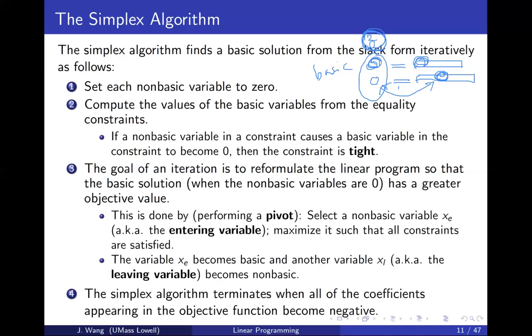By selecting a constraint and also selecting an entering variable from the right-hand side, this process is called pivot. So each time we've got to do this until all the coefficients in the objective function have become negative.